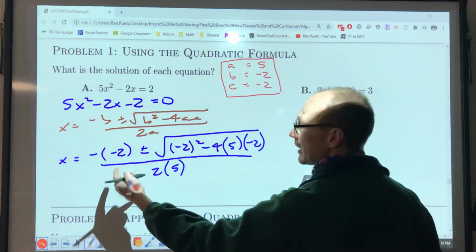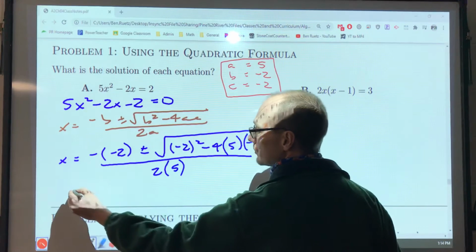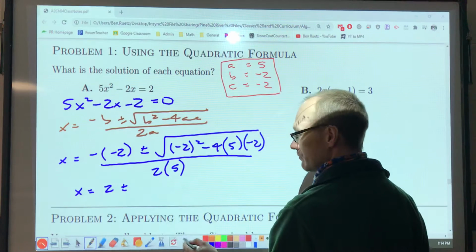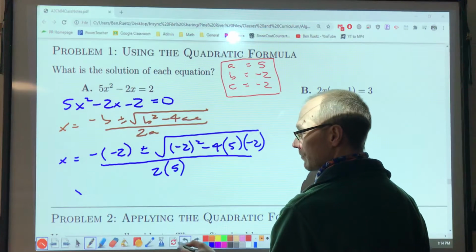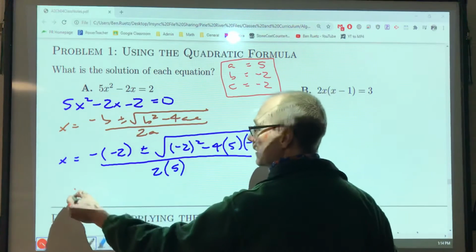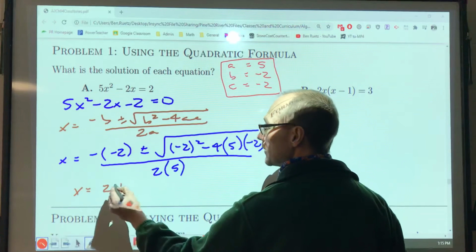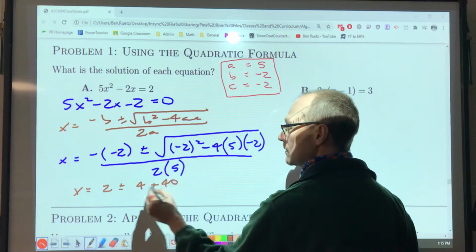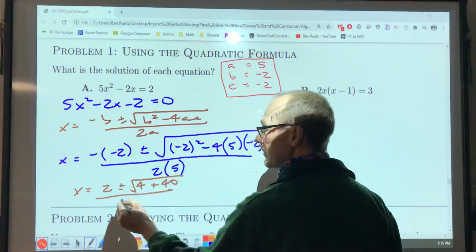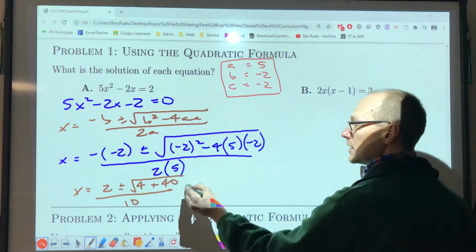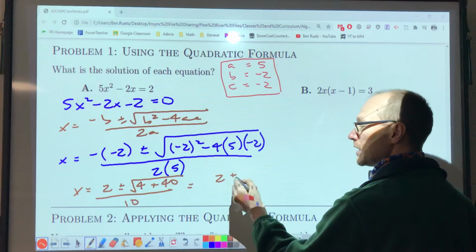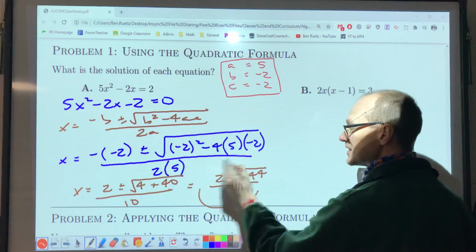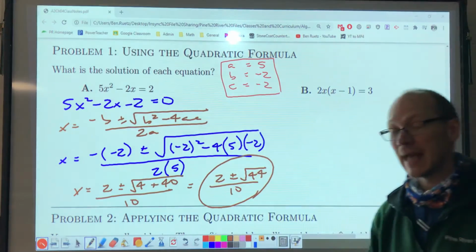So this becomes the opposite of negative 2, which is 2, plus or minus the square root of 4 plus 40, divided by 10, which is going to be 2 plus or minus the square root of 44 over 10. This is not simplest form. It absolutely is not.